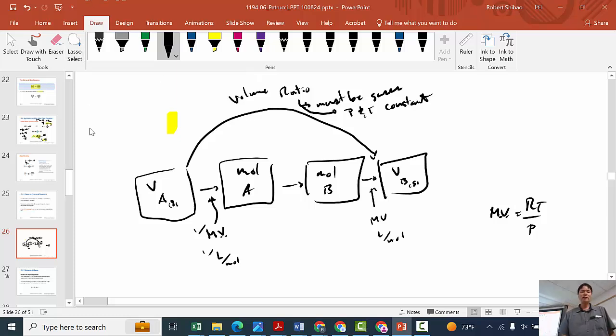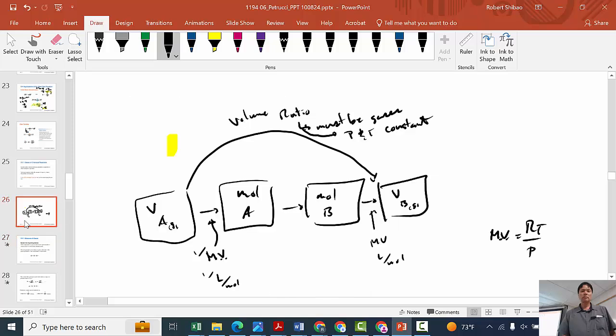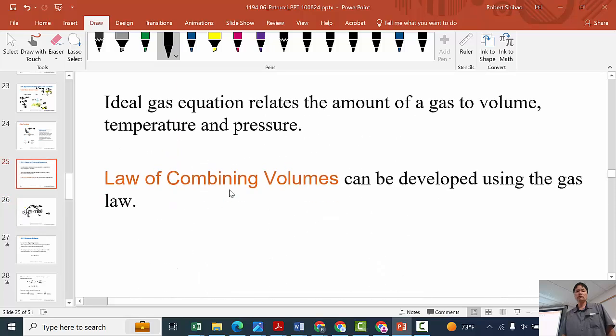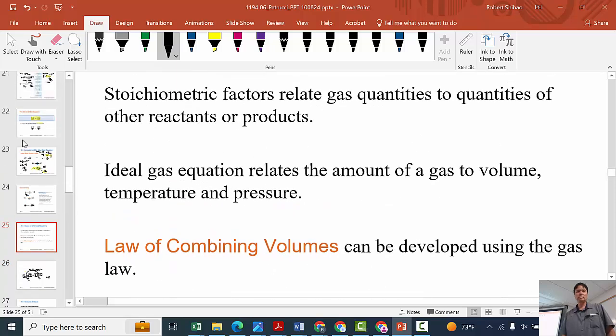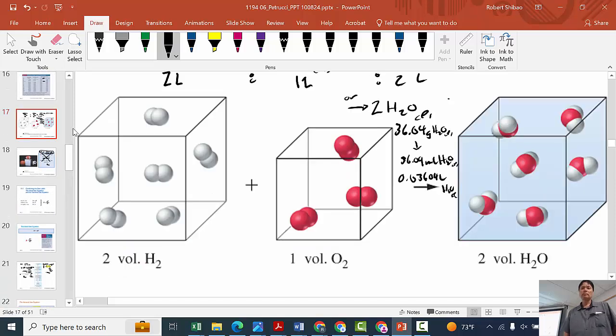So we did an example of this with the hydrogen and oxygen reaction going to water. We have different ways of visualizing this.